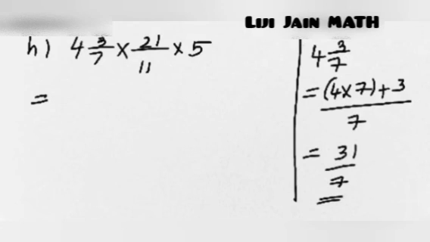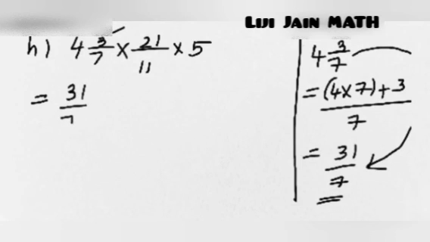So instead of 4 3 by 7, we can write 31 by 7. Then 31 by 7 into 21 by 11 into, what is the fraction form of whole number 5? Yes, 5 by 1. Okay?